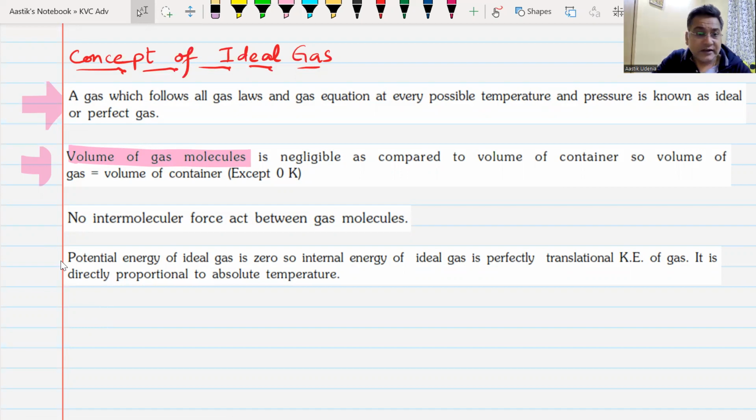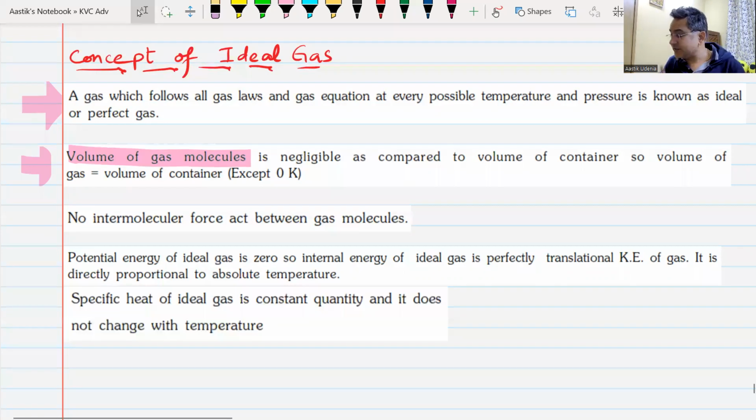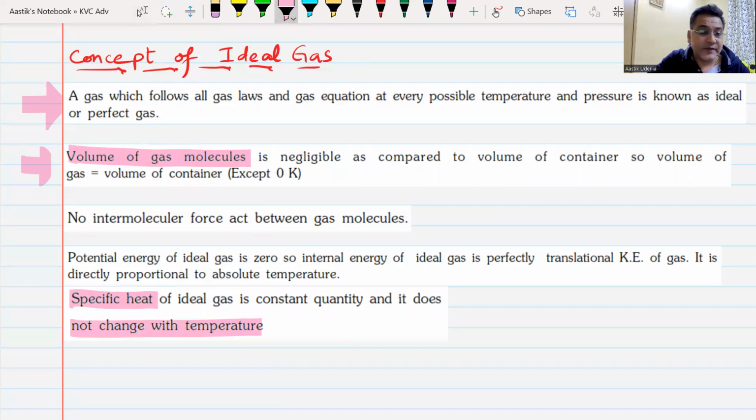Now, specific heat. Do you remember the specific heat? C of an ideal gas is a constant and it does not change with temperature. For a real gas, though, it changes, and this chapter is all about the diagram.